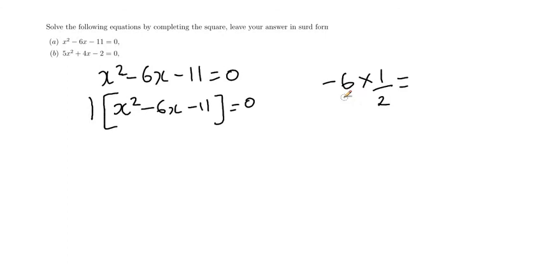So when you multiply it by half, here you're going to have negative 6 over 2, which is equal to negative 3. So what do you do with this negative 3? You need to square it, add it to the equation, and then subtract it from the equation.